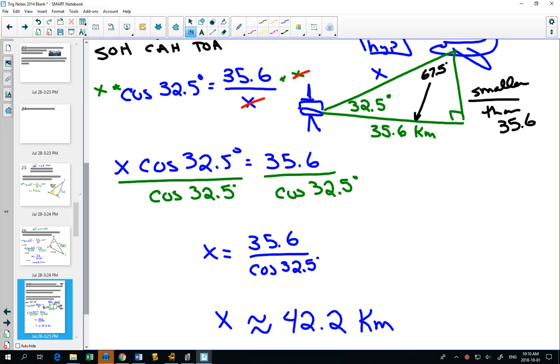That's why hypotenuse, 90 degrees, can you see it? 90 degrees is always our biggest angle. That's why your hypotenuse is always the longest. But then your next biggest angle here is the 67.5, so opposite of that will be a bigger side than opposite the 32.5. Yes, Claire?